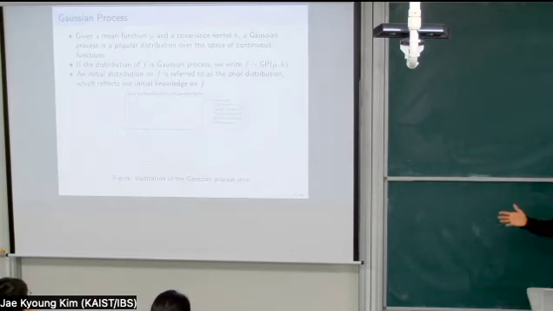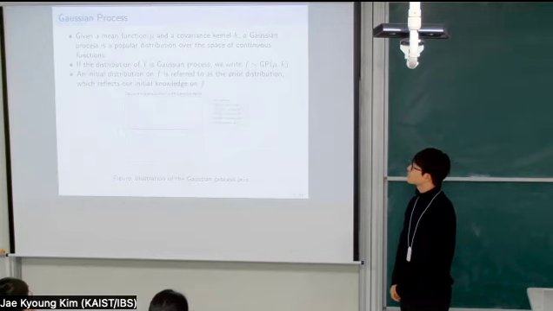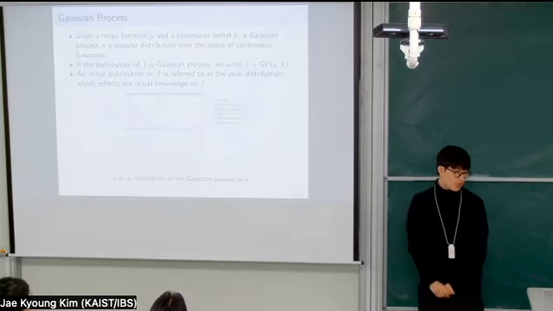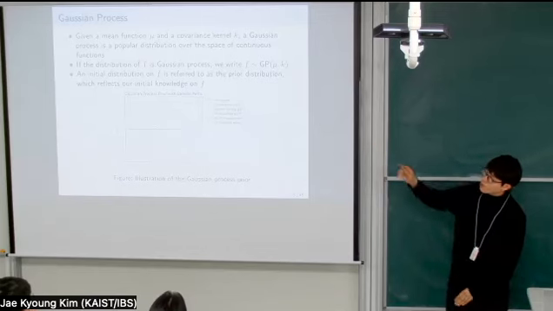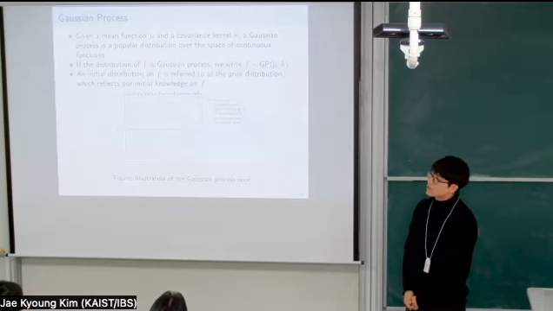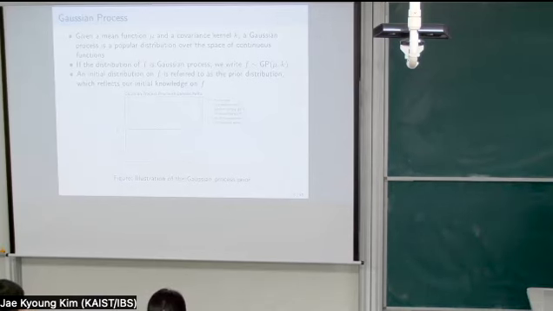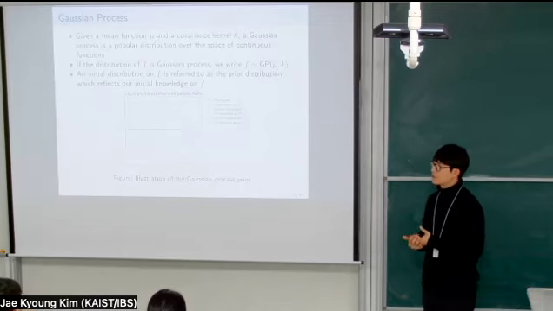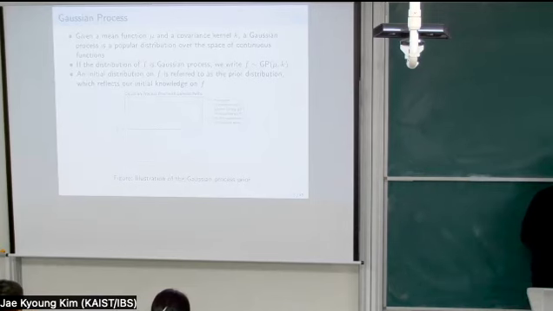The mean function is exactly the same as the typical mean in the Gaussian distribution. Because this random variable takes values in the function space, it is centered around some mean function mu, and there is a covariance kernel k. This tells you the covariance between the function elements, but it's actually richer than just the covariance. It governs all the sample path properties.